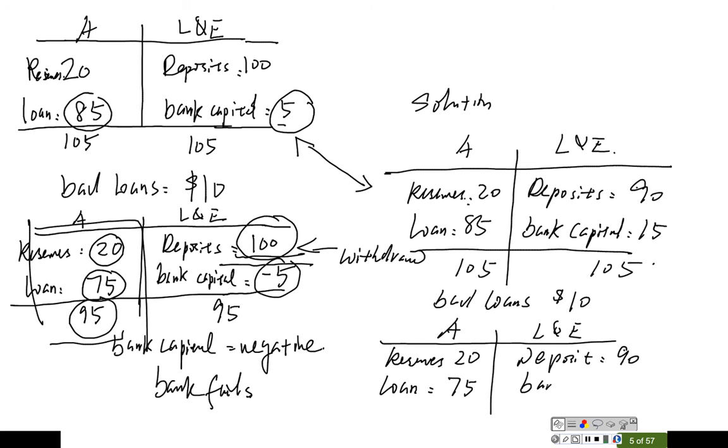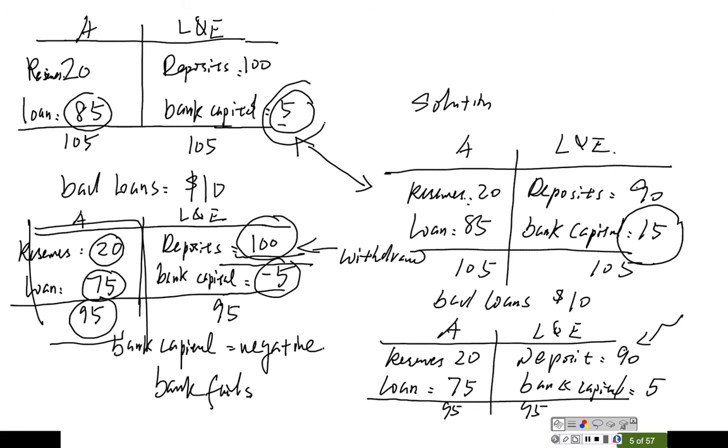So bank capital now will decline by $10 as well. After the $10 decline, the bank still has $5. We can see the two sides are still balanced. So this bank can survive even when the loan value declines by $10, because it has enough bank capital initially. Compared to the first case, where the bank only kept $5 as bank capital, in the second case the bank has adequate bank capital.